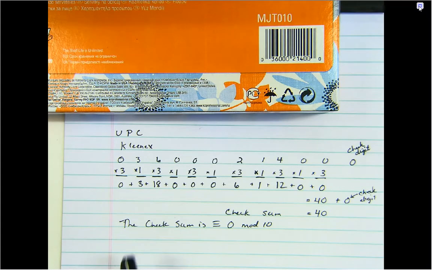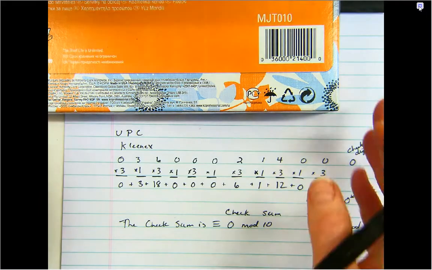After these first 11 digits are used to code what the item is, the check digit is added by the manufacturer to make sure that if any of these numbers are misread, you won't get a number that's 0 mod 10, and then you'll know there's an error here. Somehow something happened. So you notice that 40 is equivalent to 0 mod 10. Mod 10 is the easiest, right? You just have to take off multiples of 10, and so whenever your number ends in a 0, you know you have 0 mod 10.